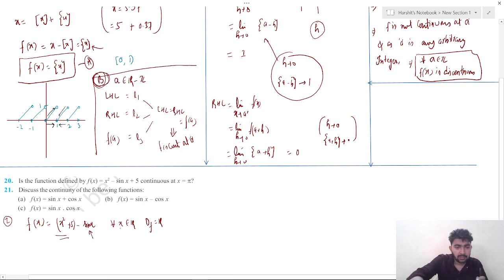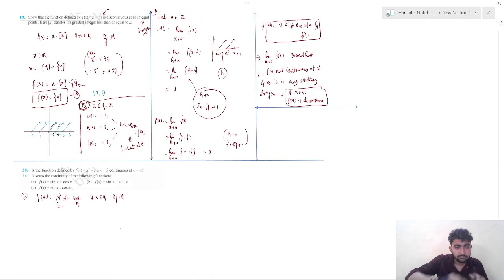You can see here, I will draw the graph of x square plus 5. X square plus 5 is like that. This is your 0 comma 5. That's why it is continuous: for all x belongs to R it is defined, and hence we can draw the graph without lifting our pen. And what about sin x?